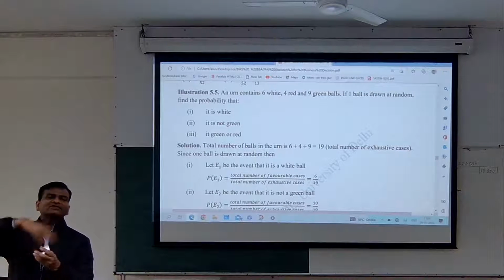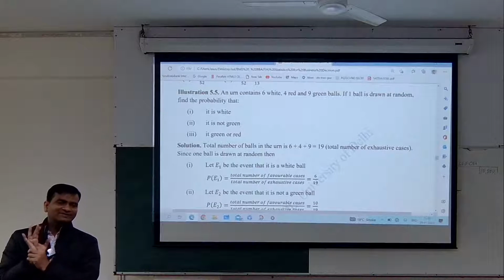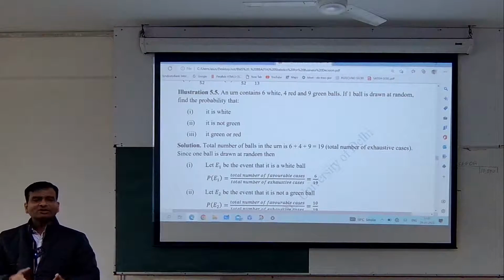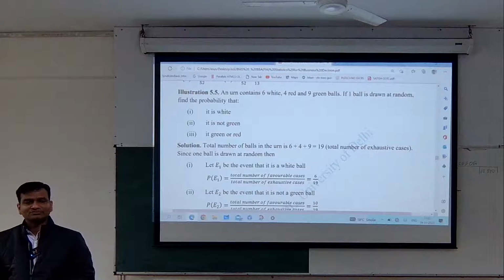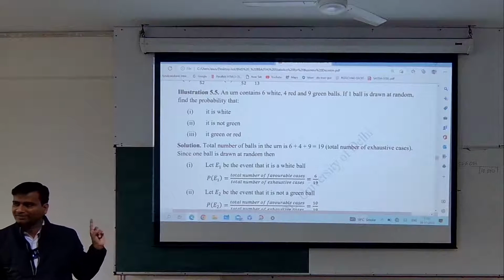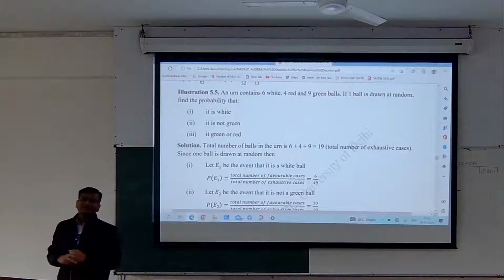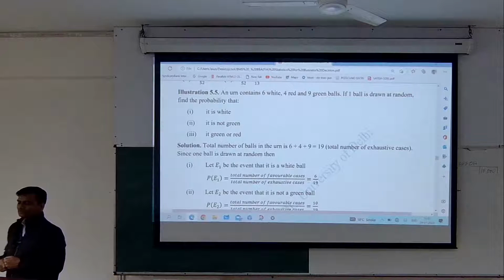In 15 ways you can select two balls out of 6. So these are favorable cases, 15, and the total would be 19C2. If you have to draw two white balls instead of one, then you have to find 6C2 divided by 19C2.